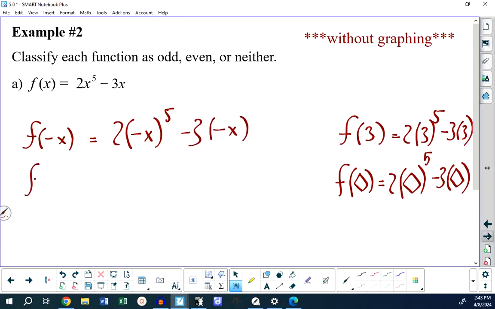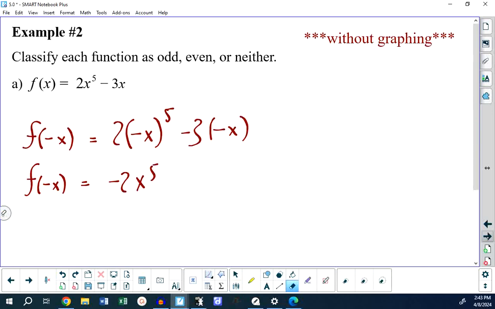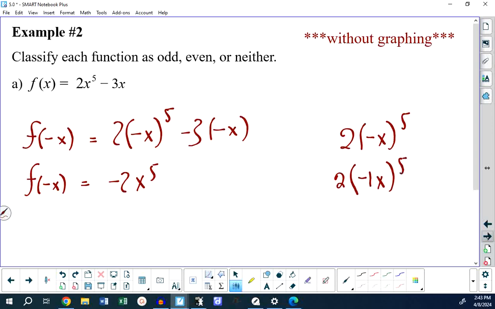Let's see. I want to break this down for you. I don't think this is going too far, making it too simple for you. That 2 times negative x to the 5 is 2 times negative 1 times x to the 5, which is 2 times negative 1 to the 5 times x to the 5.